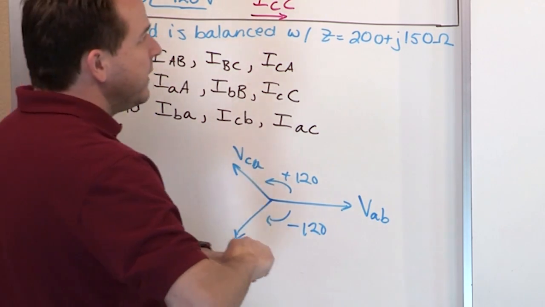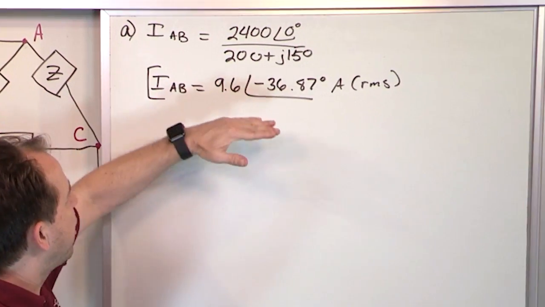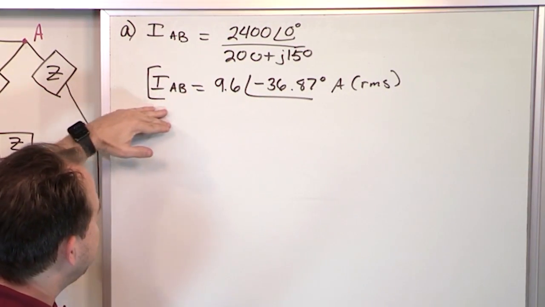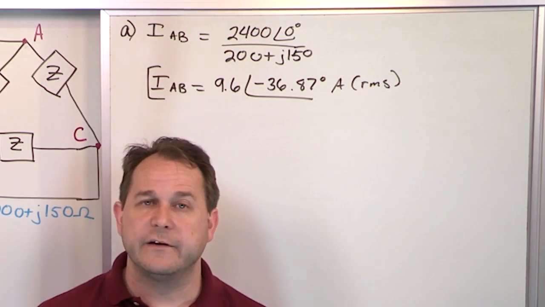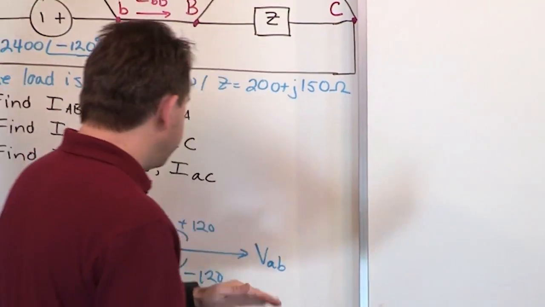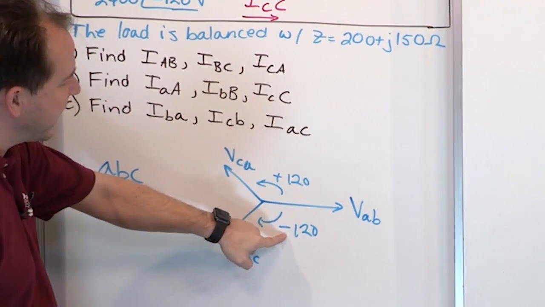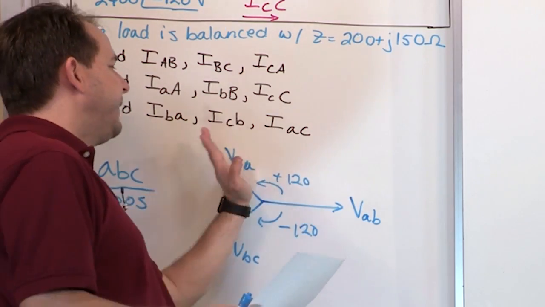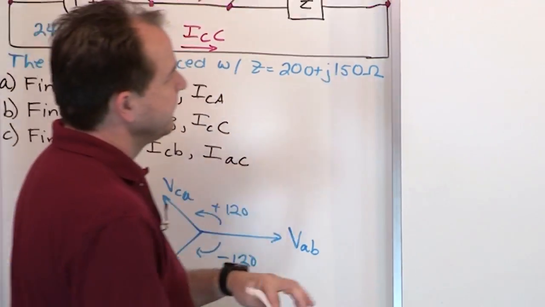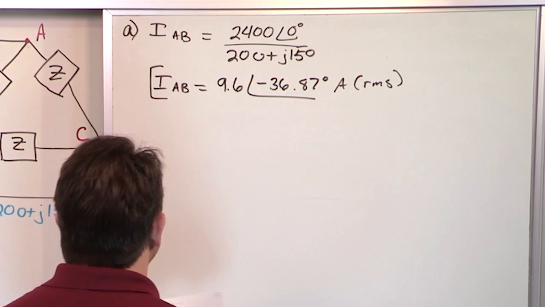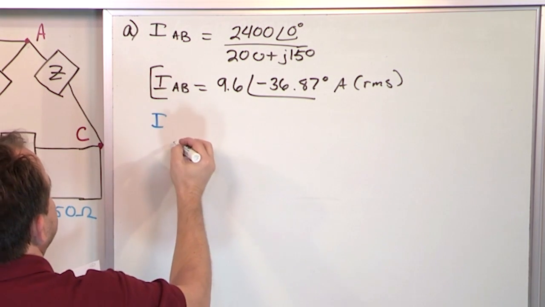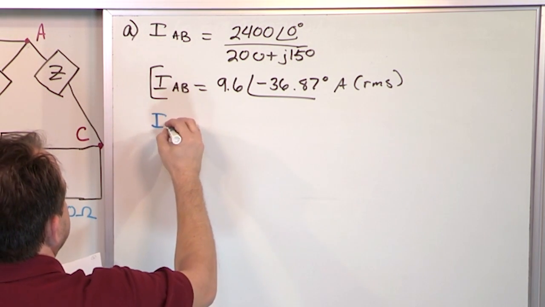Positive phase sequence, meaning that when we start up here with a phase current, in order to find any of the B phase quantities, we're just going to subtract 120, and any of the C phase quantities, we're just going to add 120. The reason we care is because the next thing we're going to do is find the B phase, BC.